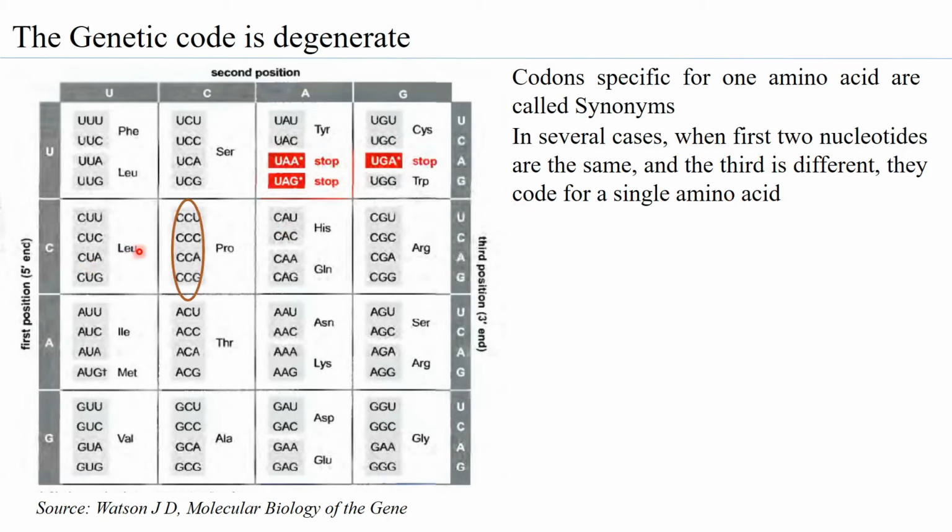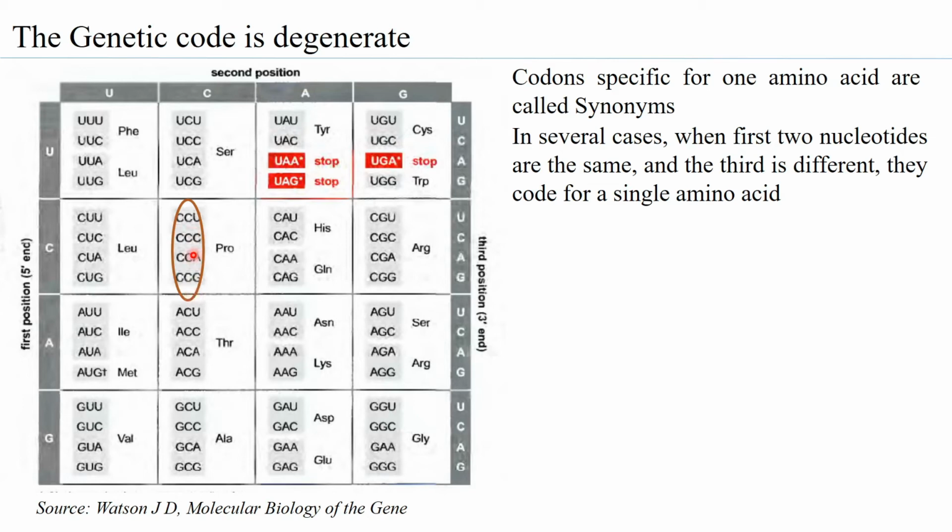So have a look at over here, CCU, CCC, CCA and CCG. Only the third nucleotide varies, and with that variation, it does not make an obvious change in the amino acid that it codes for. So effectively what we understand is that such changes or alterations or such mutations are what are called silent mutations.